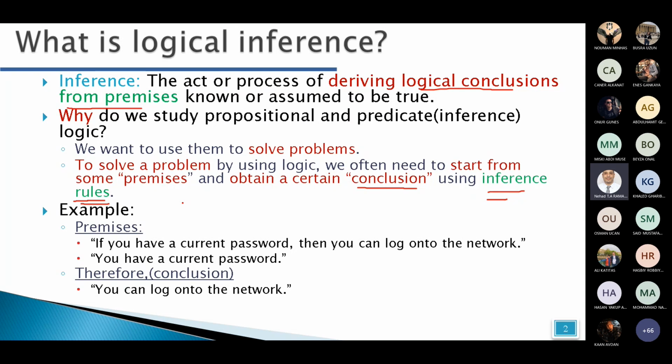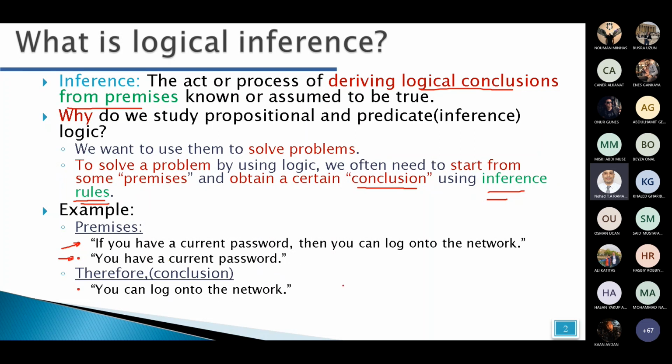Here are some examples of premises. If you have a current password, then you can log onto the network. This premise alone is not enough. This other premise: you have a current password.